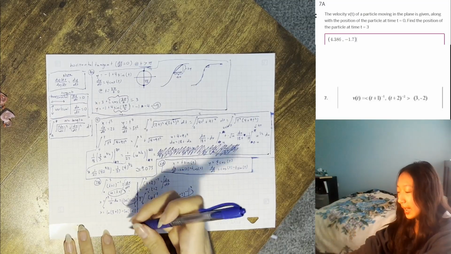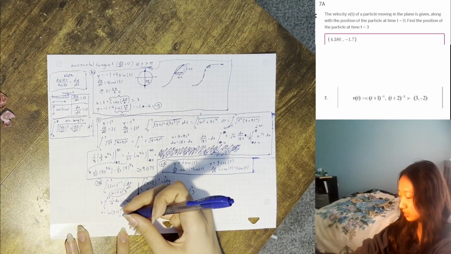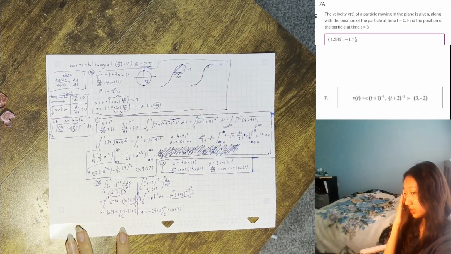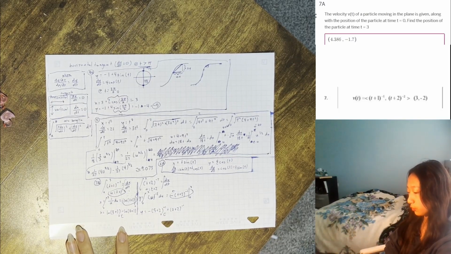So we also need to add on our initial starting positions to this whole equation that we've got so far. They'll always give you these initial starting positions, because if not, you only know how much you've moved, right?